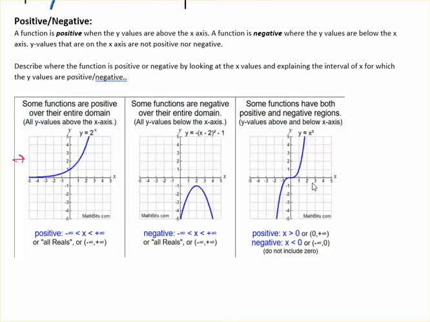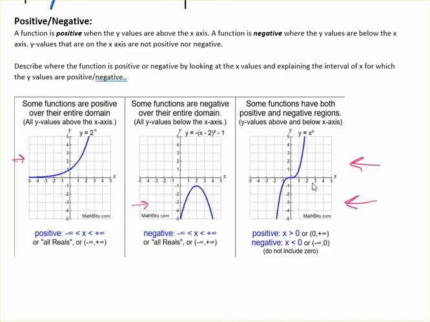Over the whole domain, whatever x is, the y values are all above the x-axis. So everything's positive. In this example, the whole function is negative because no matter what the x value is, the y values are below the x-axis. But in this function, we have both.